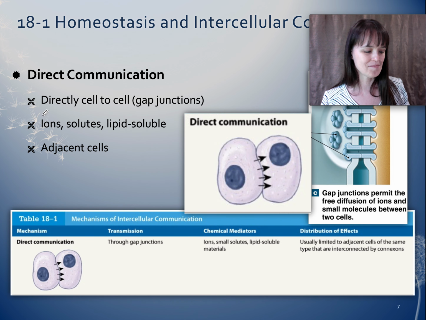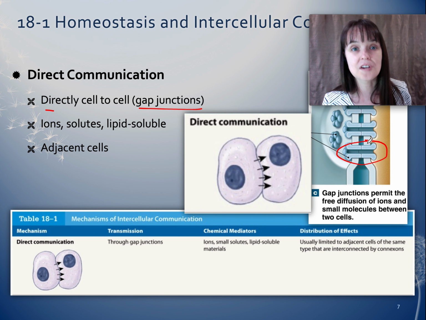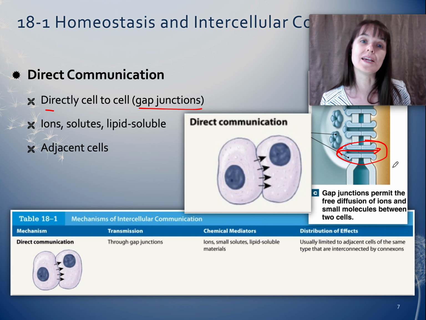Direct communication. The transmission is directly cell to cell through gap junctions. Here's a picture of a gap junction holding two cells together and also forming an ion channel. The gap junctions will be how the cardiocytes talk to each other.